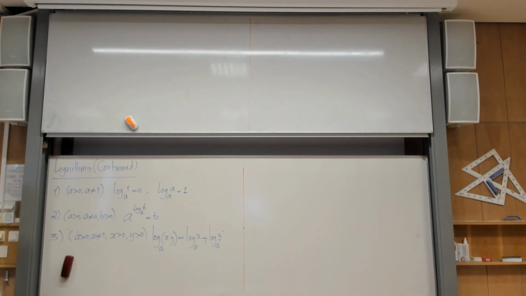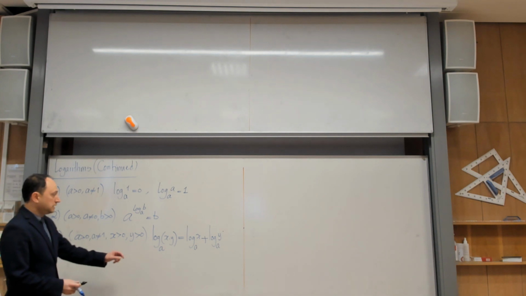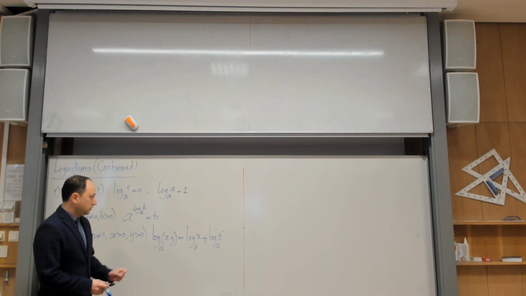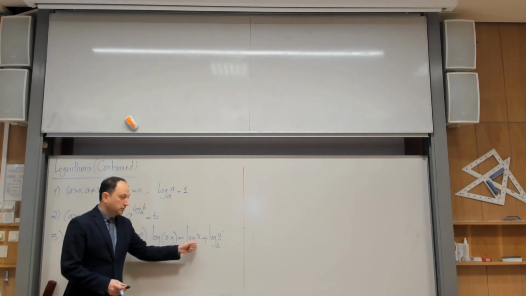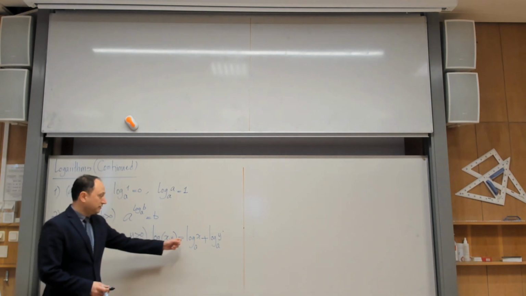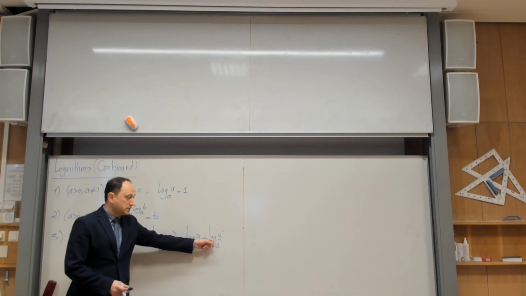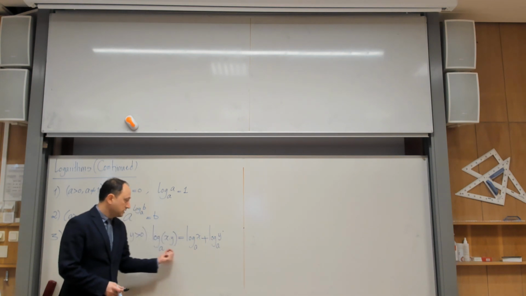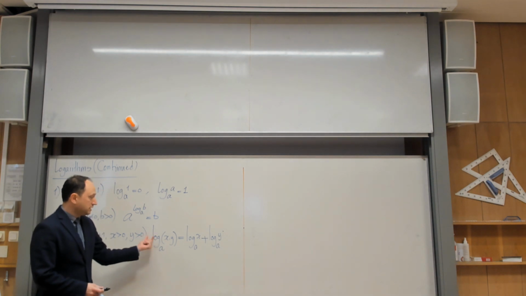So we proved this rule. That's an extremely important rule. If you have a log of a product, you can write it as the sum of the logs. And if you have the sum of two logs with the same base, you can collect them and write it as one single log.